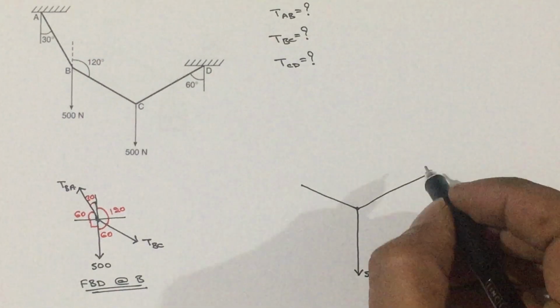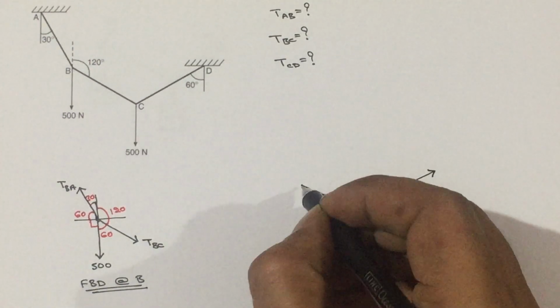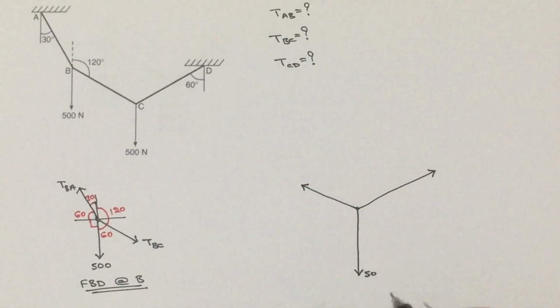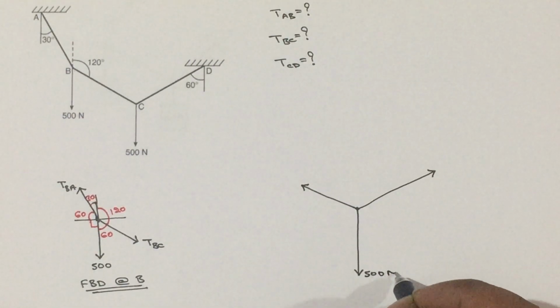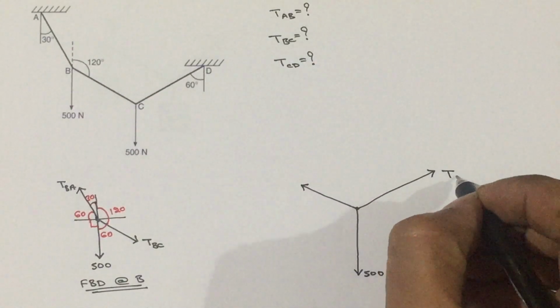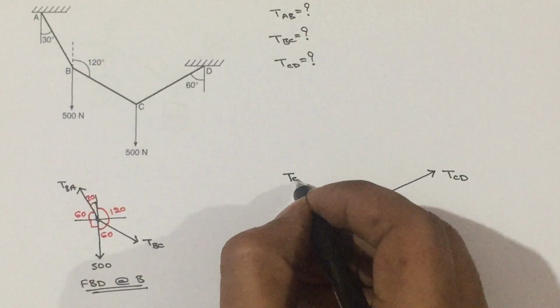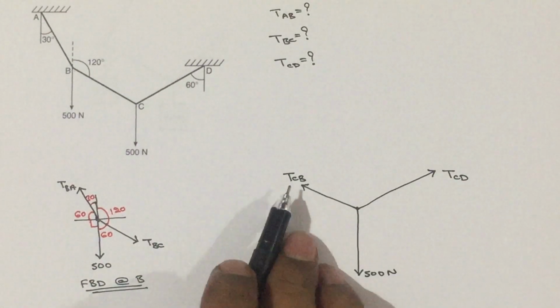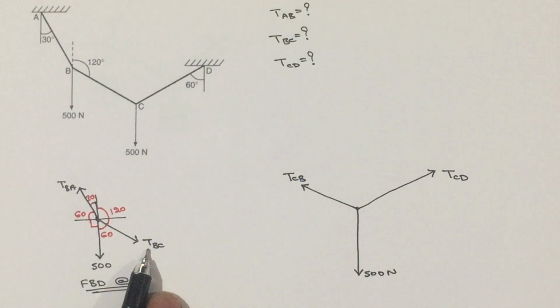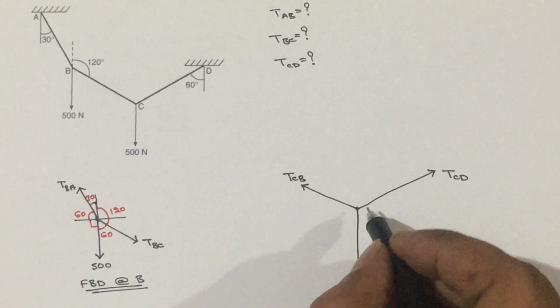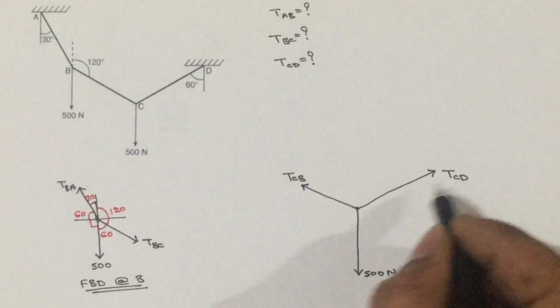Since these two are subjected to tension, draw outward arrows. Then write the magnitude, this will be 500 Newton. This will be T_CD and this one will be T_CB. Here T_CB will be equal to T_BC. So, point, line, direction, magnitude is over.